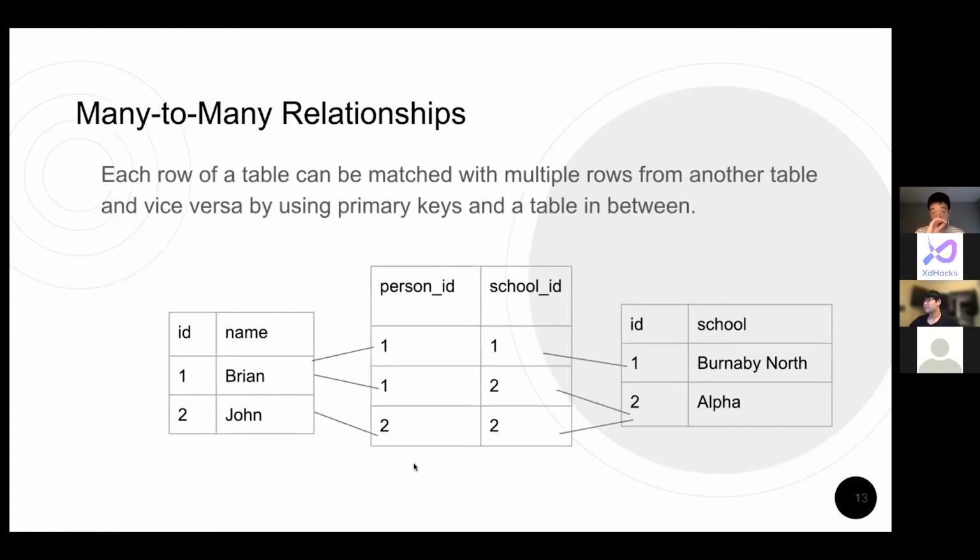And then finally, we have many-to-many relationships, which have two sets of data again, but we're combining them into one entire table. So we have the student names with IDs, and then we have the school, and we're mashing them together into one table that has a column of the student ID and then school ID.